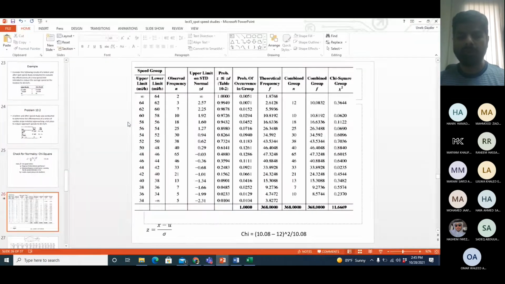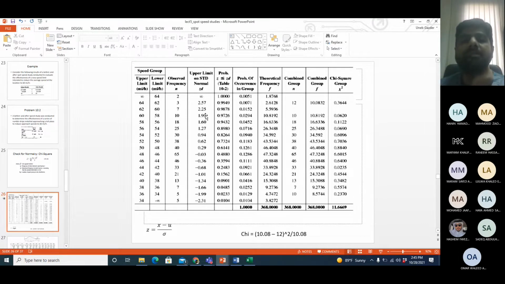This should give you 2.57. For the next group, 64 will change to 62, and then 60, and then 58. Mean and standard deviation will not change. They are the same for all the groups because this is for the entire data set.